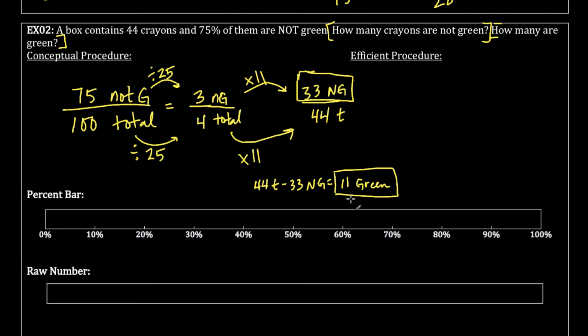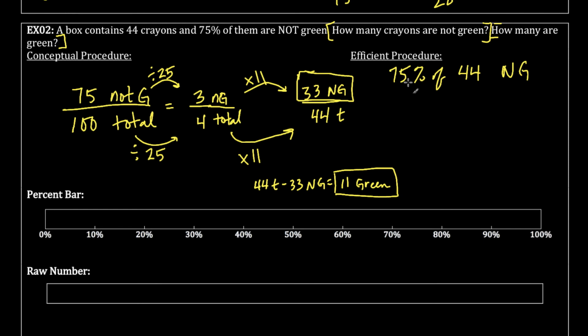All right, so let's look at this procedural method, this easier one. So we know that 75% of 44 crayons were not green.